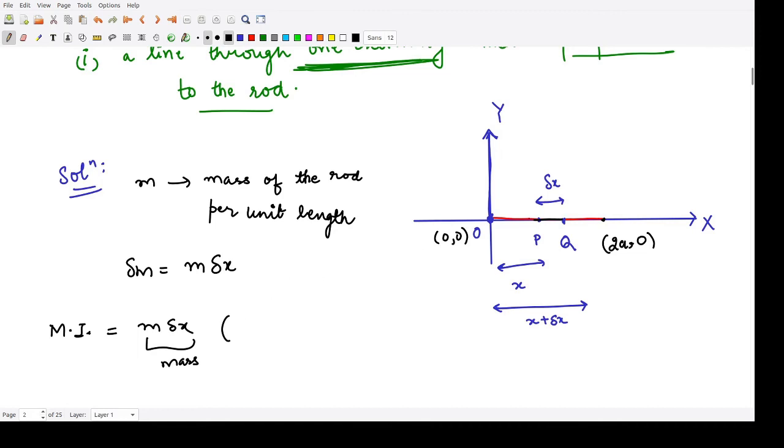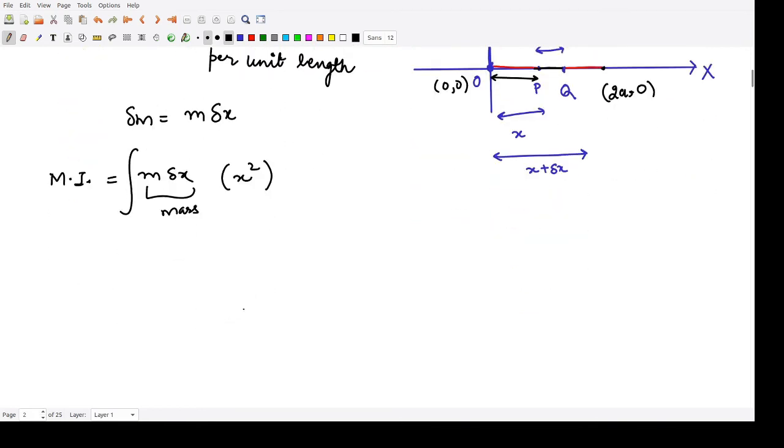What is the perpendicular distance of this element? The perpendicular distance is this one, and this is x. So we have x square with us, and this is the integration. So this is the moment of inertia in this particular case.